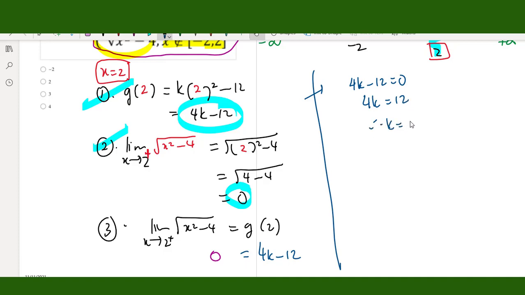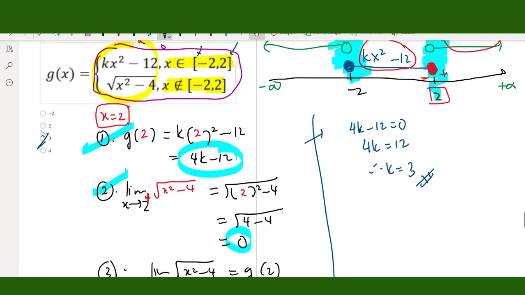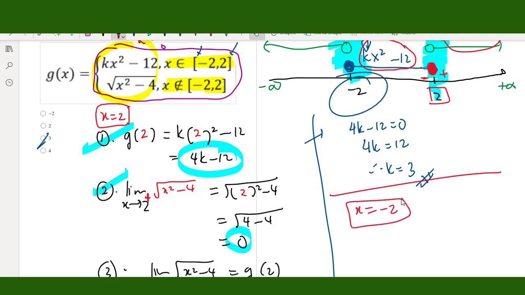Therefore, k is equal to 3. The answer is 3. You can double check by finding the value of k when x is equal to negative 2. Following the same procedure, you still get k equals 3.